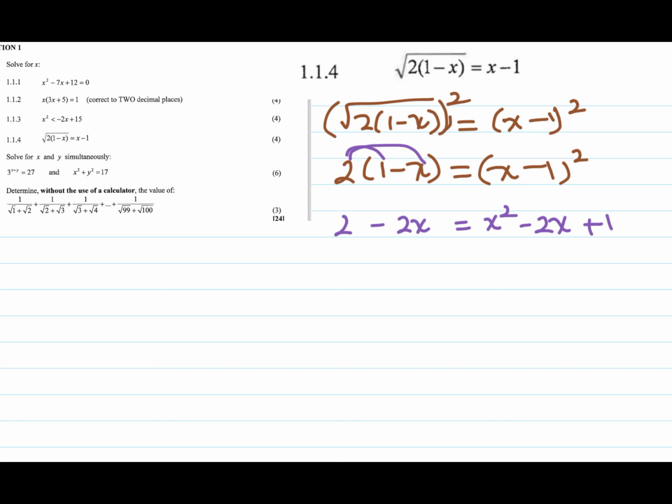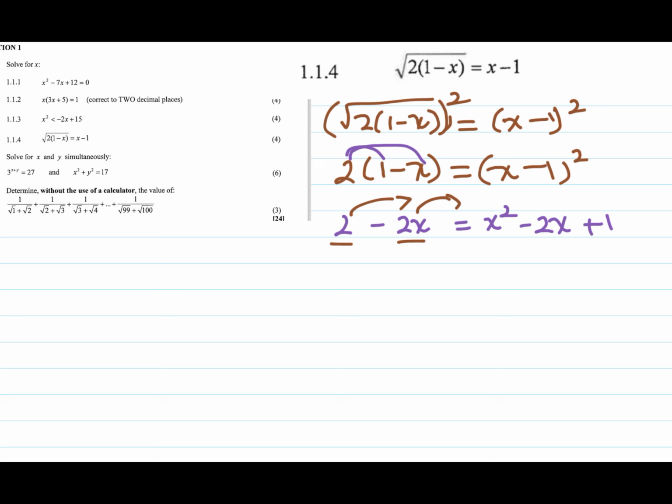Now we're going to bring them all to one side of the equation. So we'll take the 2 and the x over to that side of the equation. Okay, so let's do it here.